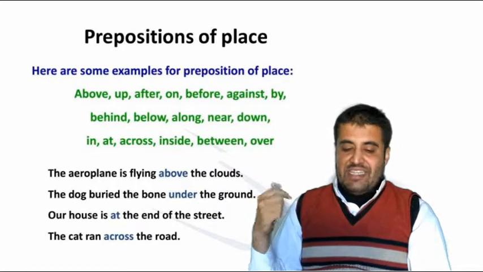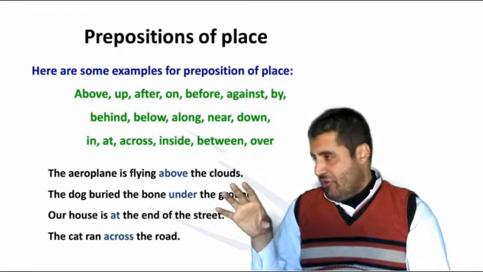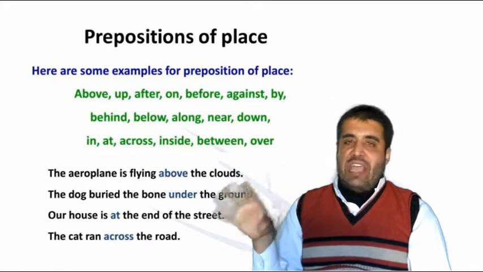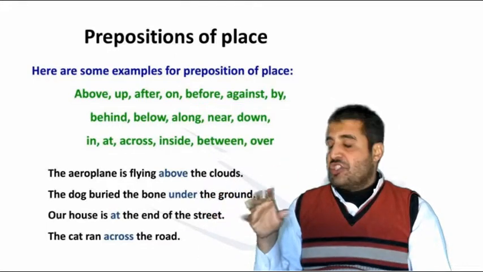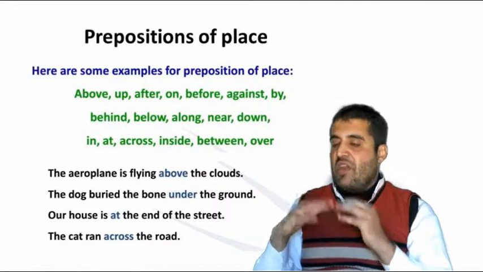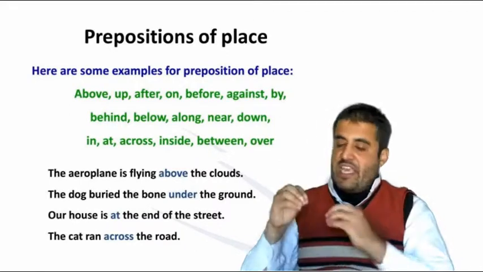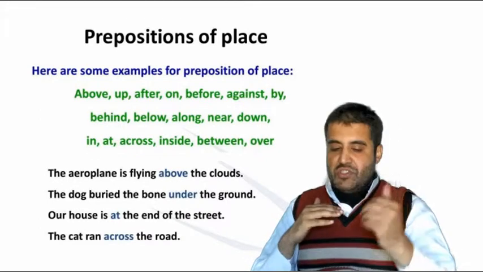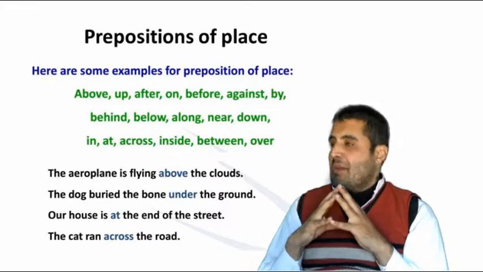The last one is: the cat ran across the road. When we say the cat ran across the road, it tells us the position of the cat, the movement of the cat, where this cat ran. So this is called the preposition of place.